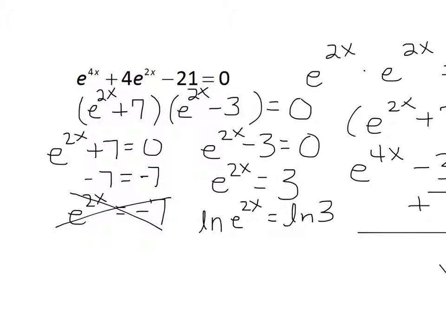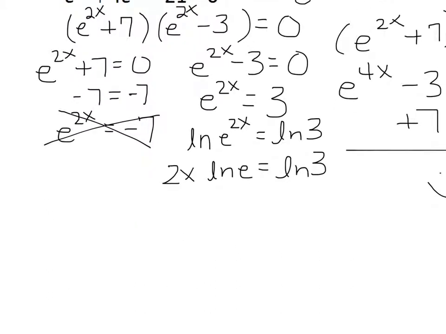And then the 2x falls down in front. Moving up a little bit so I have plenty of room. Natural log of e is just equal to 1. So I just have 2x is equal to the natural log of 3.